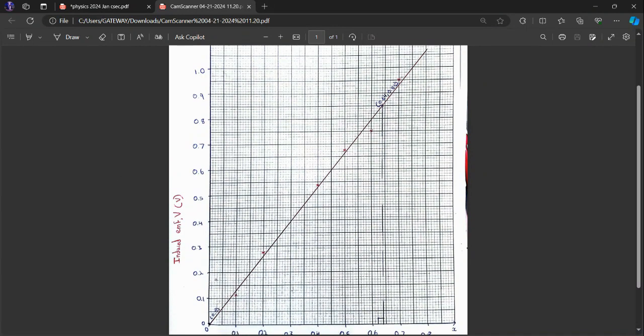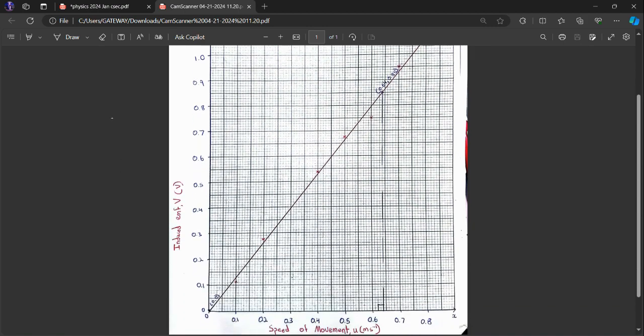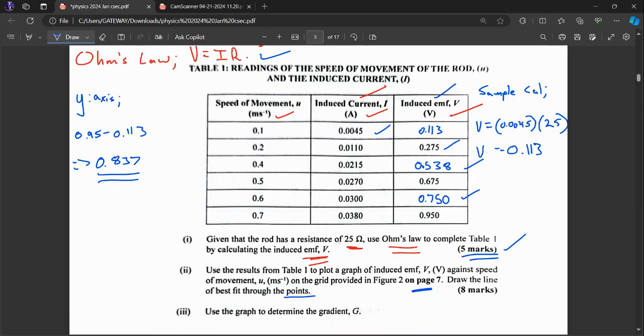This is like 1, 2, 3, 4, 5, 6, 7, 8, 9, 10, 11, 12, 13, 14, 15, 16, 17, 18, 19, 20, 21, 22, 23, 24. But I could try to fit it within 20 blocks. It just has to occupy more than half the y-axis, basically, divided by 24.